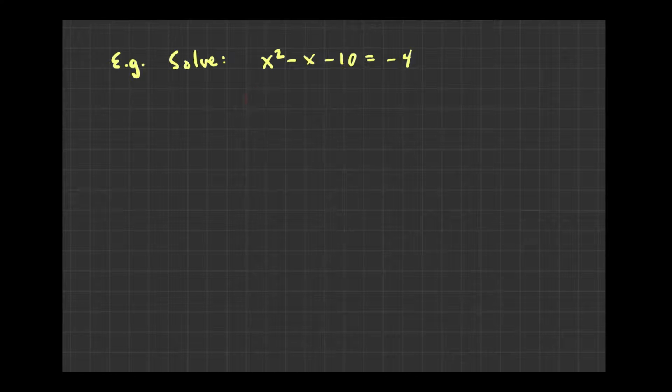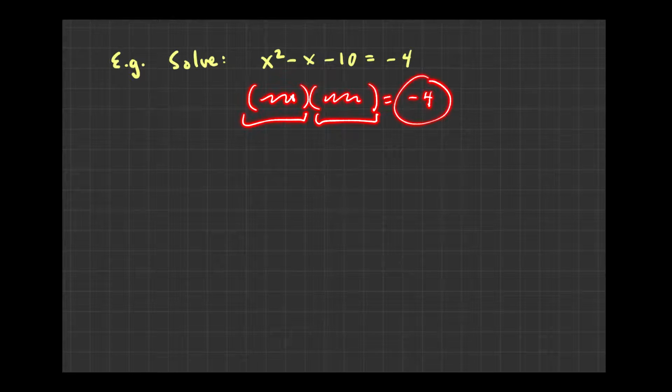If we were to factor this and it was equal to negative 4, then this thing times this thing is equal to negative 4. Even if we restricted ourselves to whole numbers, there's a lot of different possibilities.